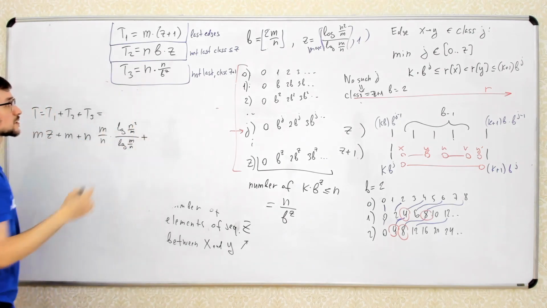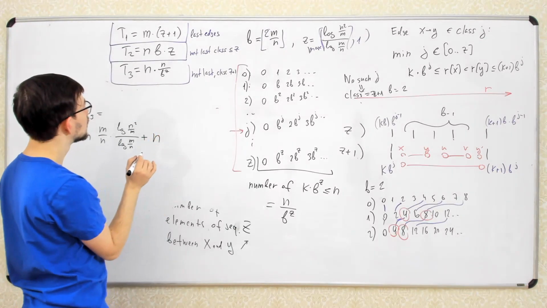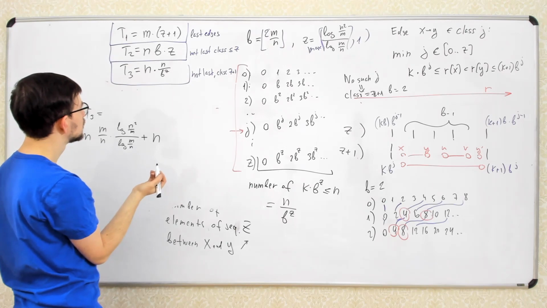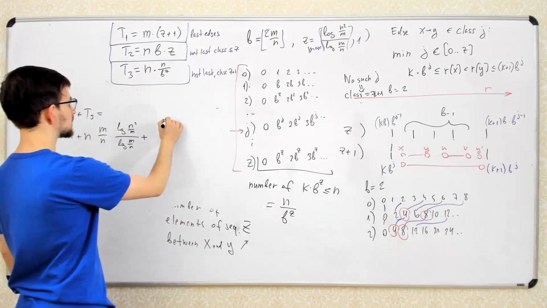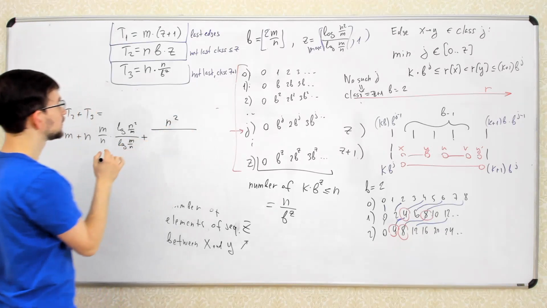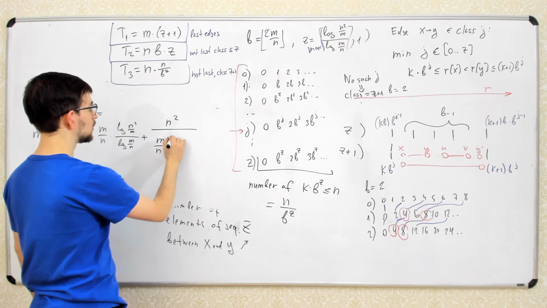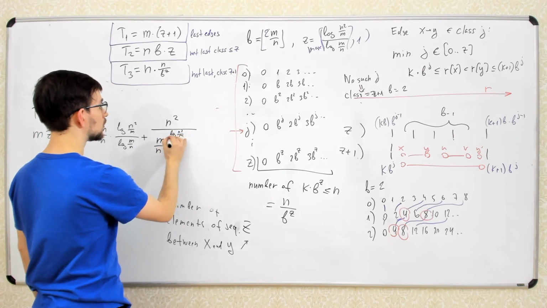And plus this, the n. Looks fine. Okay. So it is n squared divided by m over n power log n over m.